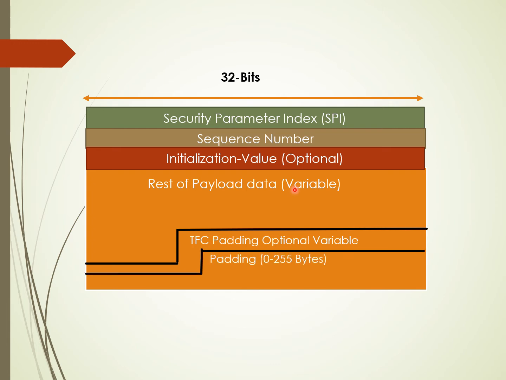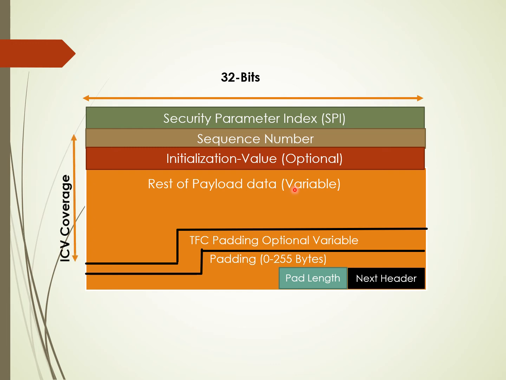Next, actual padding, which is 0 to 255 bytes. Then the next header, which gives the information about the type of the content that we need to send. Then the pad length, the length of the bits that we are using for padding.